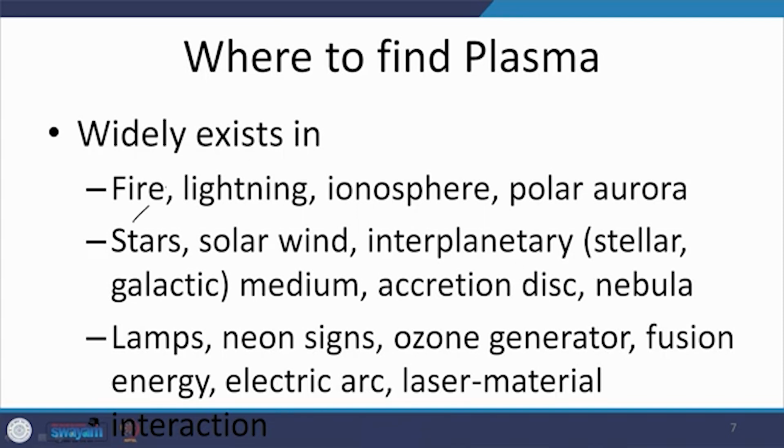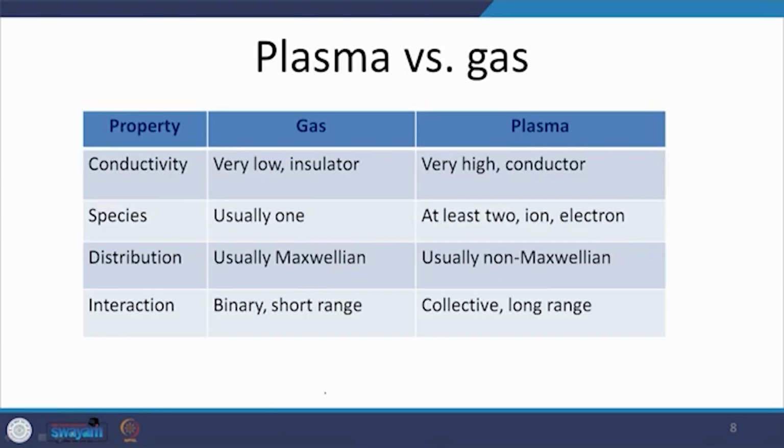So, fire, lightning, ionosphere, laser material interaction, all these are places related to Earth, the others are beyond the Earth in space or related to astrophysical entities.